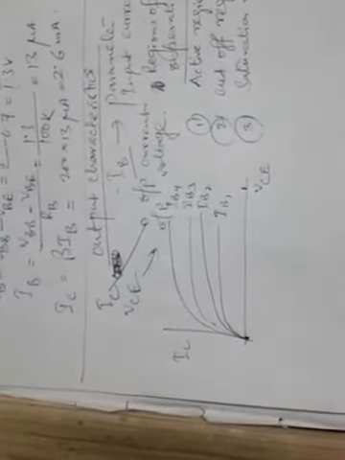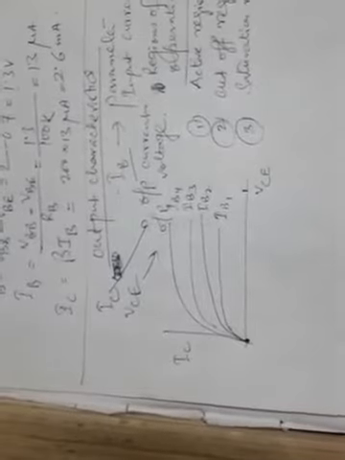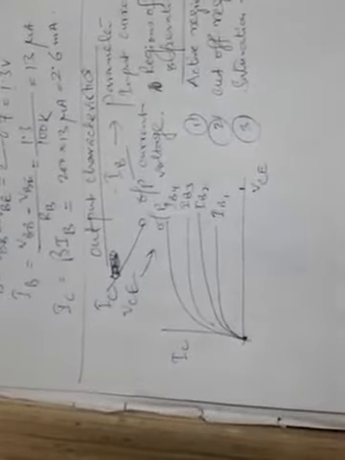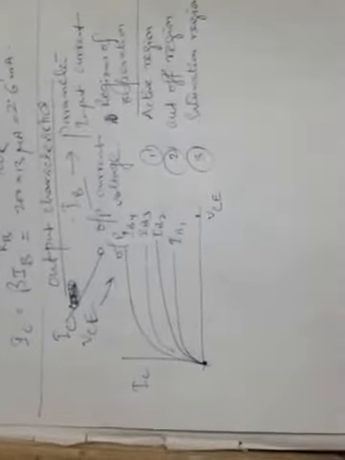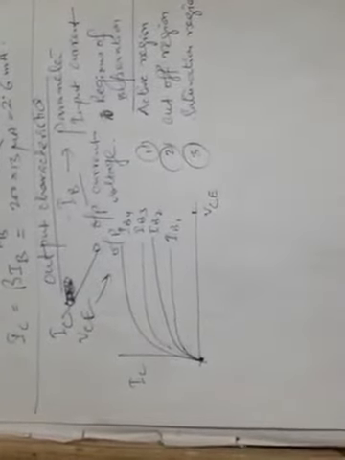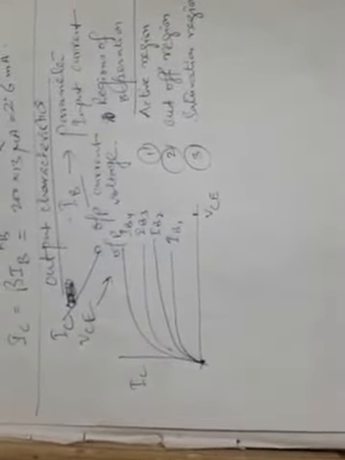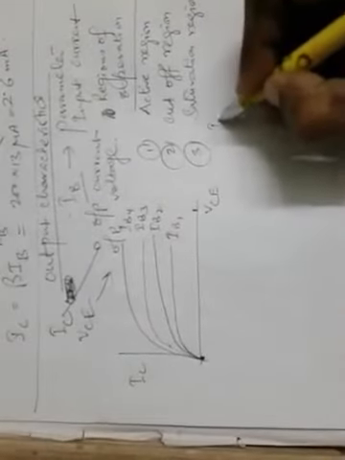In the active region, the emitter junction is forward biased and the collector junction is reverse biased. It is the thumb rule, and in this region base current IB is greater than 0.